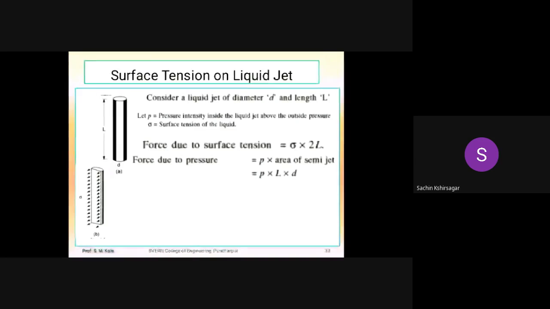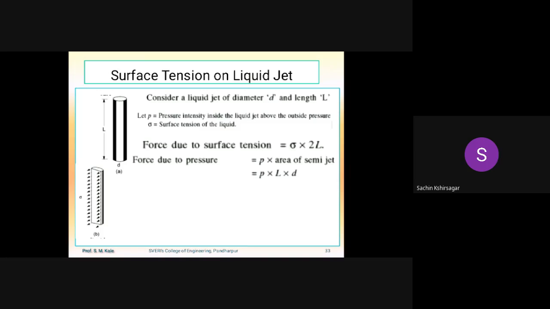Whatever cross sectional area is there, we have to consider that cross sectional area, and that area of semi jet will be equal to length L and diameter D. So pressure force acting on the jet of liquid will be equal to P into L into D.